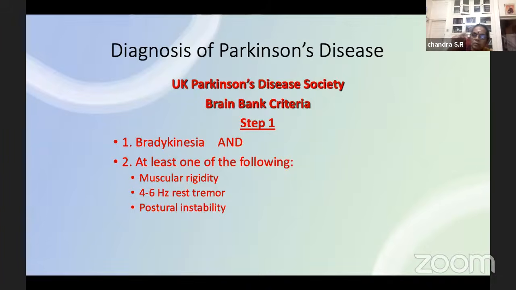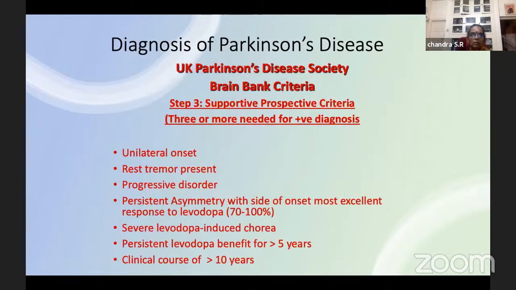So you keep on doing this kind of movement and the amplitude comes down, or tap your foot and the amplitude comes down, or the shoulder, axial, any body part you can tell the patient to move. Amplitude and speed coming down is bradykinesia. Plus one of the following: tremor, rigidity, postural instability. It is all available. You can see these criteria. You apply them to two or three patients, then you become familiar with them.